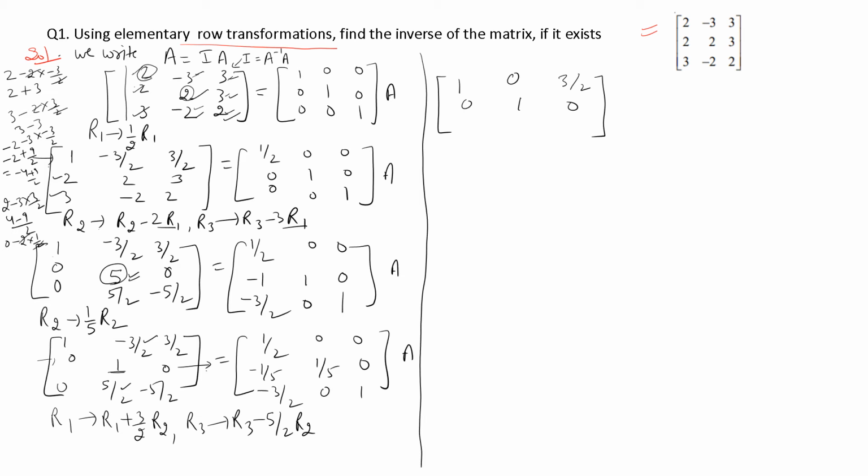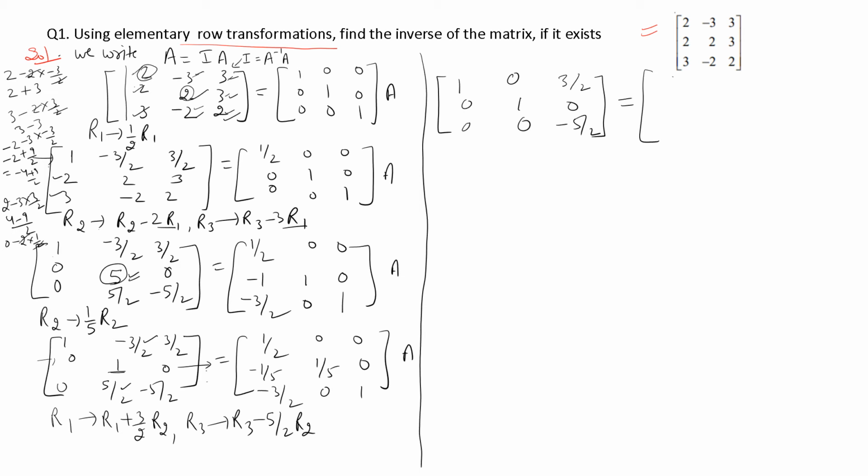So this is 0. 5 by 2 minus this is your 0. And this here in R3 means minus 5 by 2 and this is your 0 into R2. So R2 is 0, so this is just minus 5 by 2.